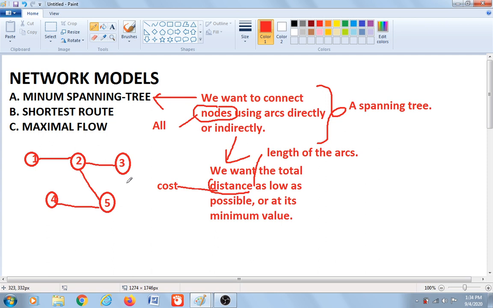There is no connection between 3 and 5 directly, but indirectly there is a connection between 3 and 5. I can go from 3 to 2 and from 2 to 5. So this is what we call a spanning tree.